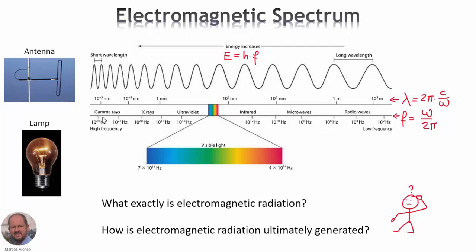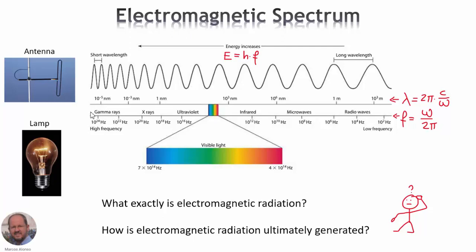The same classification can be made using the wavelength of the radiation. So if the frequency is low, the wavelength is going to be high, and then when we decrease the wavelength, then we are going from radio waves up to gamma rays.